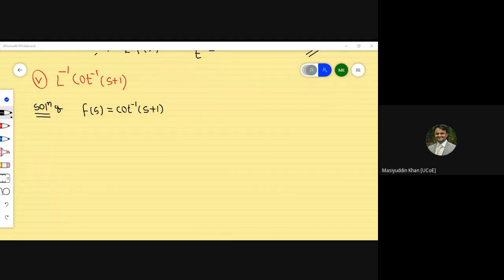Okay, fine. And into the derivative of that respective function? Yes.